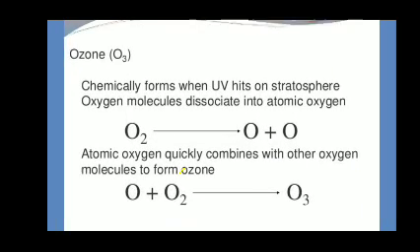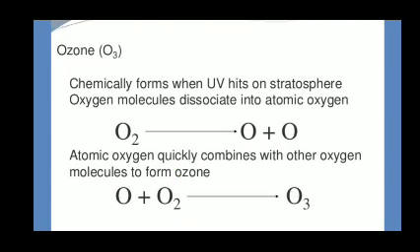Ozone chemically forms when UV hits the stratosphere. Oxygen molecules dissociate into atomic oxygen. UV means sunlight.